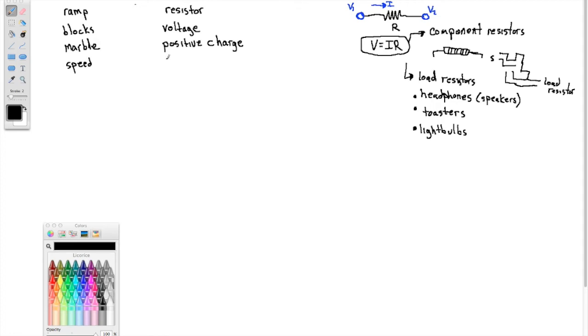The speed of the marble is the current. Remember, the current is a rate of change. It's that rate that the charge is flowing, right? So the speed of the marble is the current. So, coming back here to our circuit, if we want more current, then we are going to have to increase the voltage difference across that resistor.